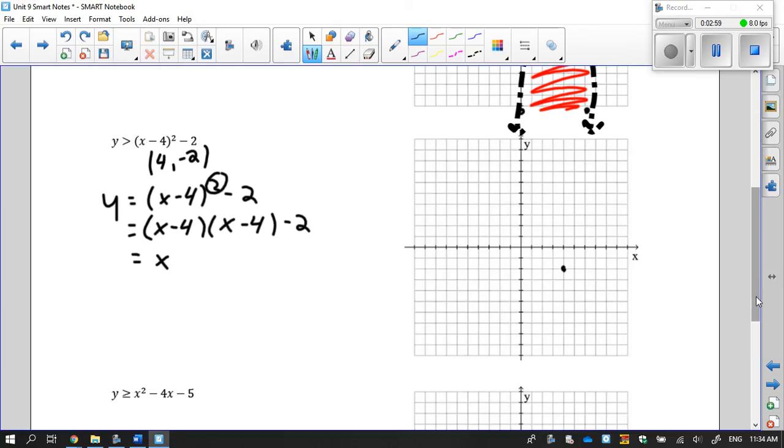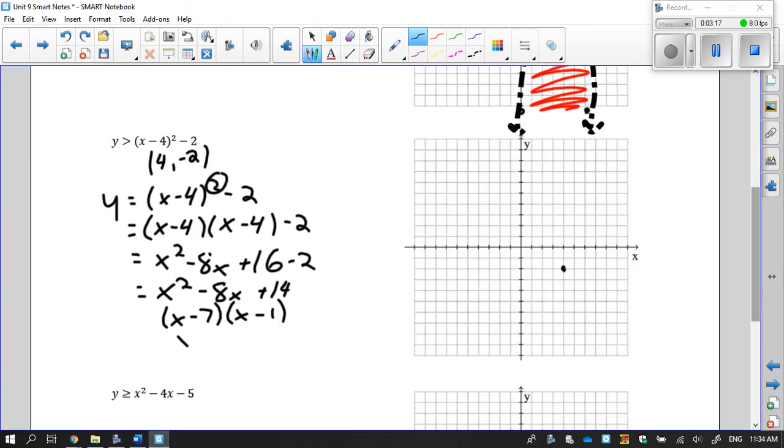So then x squared minus 8x plus 16 minus 2. And I'm doing this just to show you another way of graphing. Plus 14, so then this factors down to (x minus 7)(x minus 1), x equals 7, x equals 1.